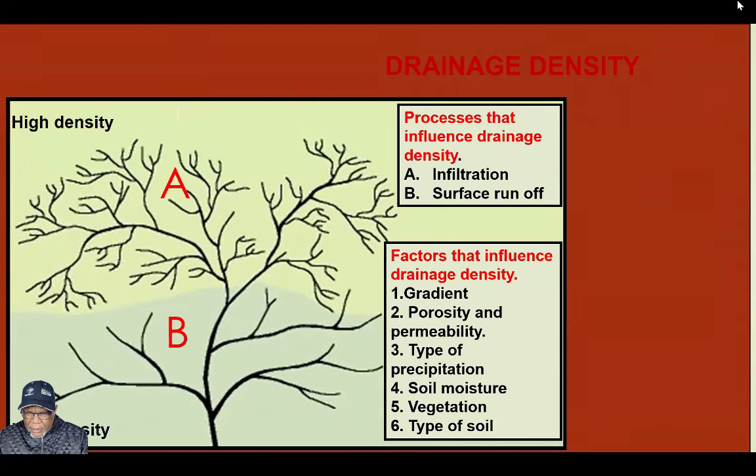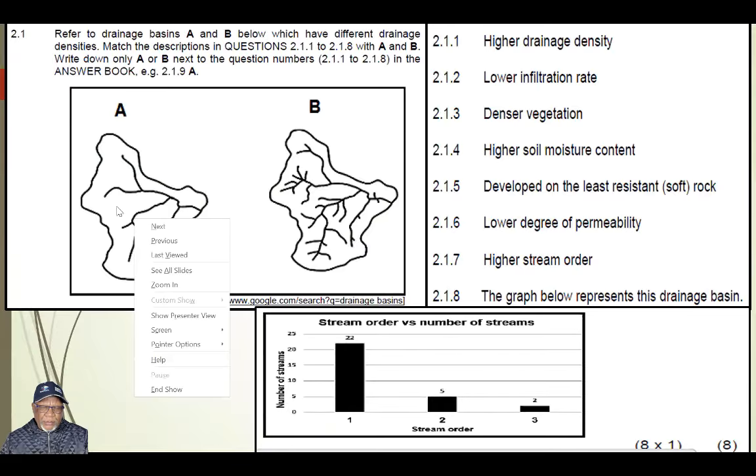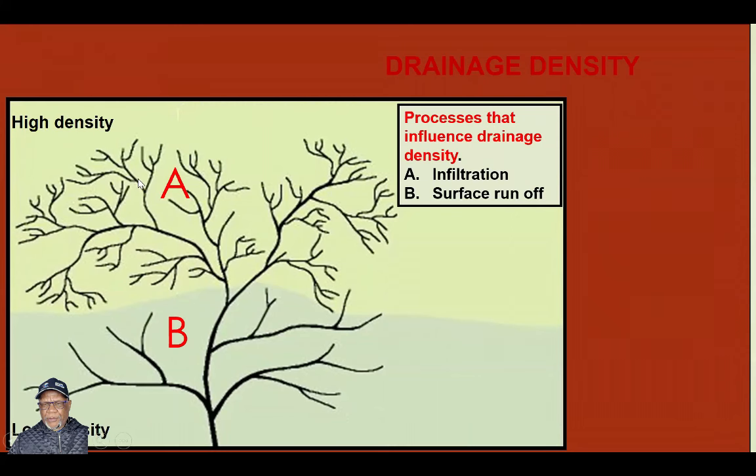Now, let's look at the drainage density at A. What's happening here?